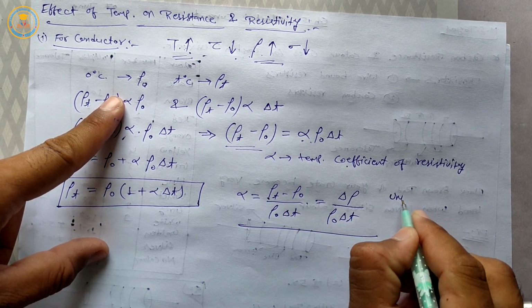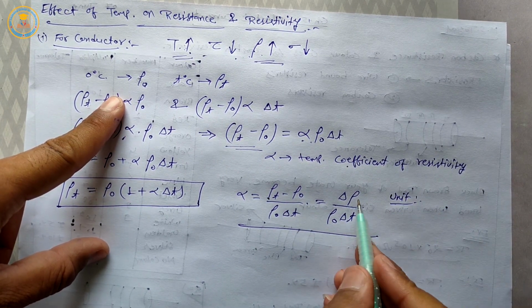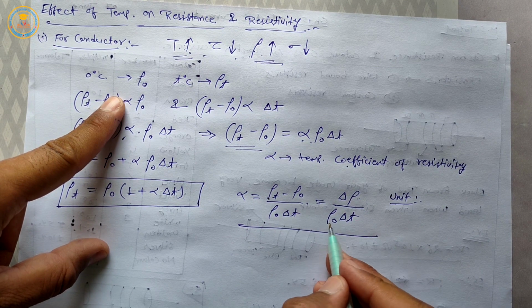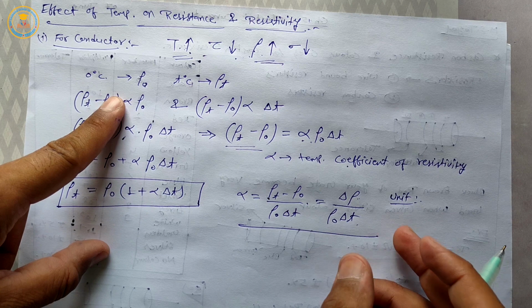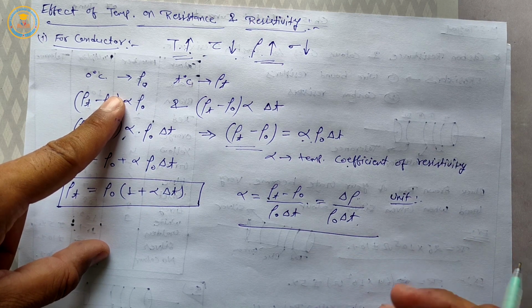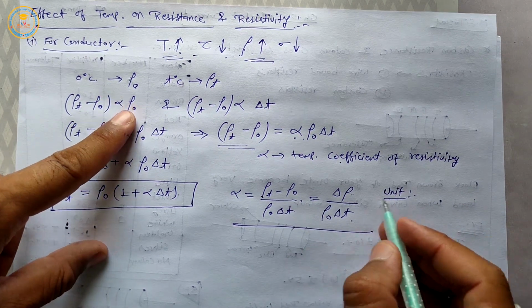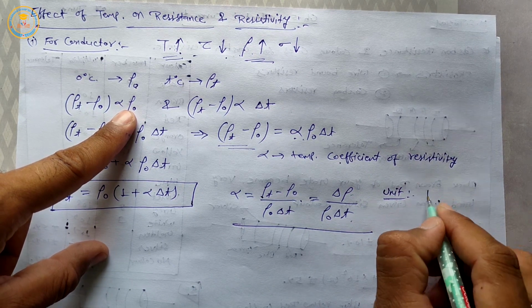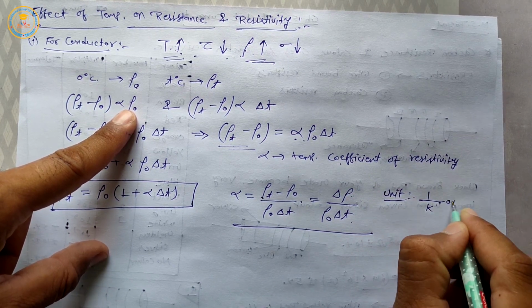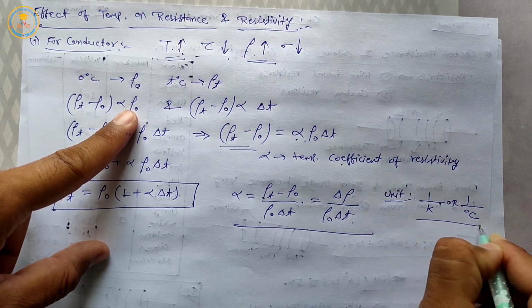The unit of rho cancels out, leaving 1 upon temperature, and the unit of temperature is Kelvin or degree centigrade. So the unit of alpha is 1 upon Kelvin or 1 upon degree centigrade.